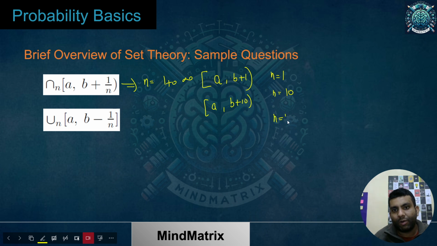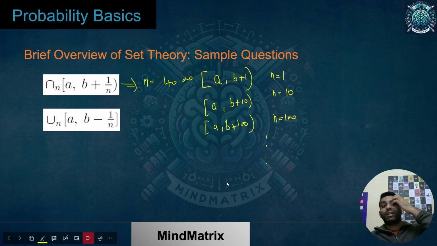If n is 100, it is [a, b+1/100), and so on. If I keep on increasing and take the intersection of all these, what will I come up with?